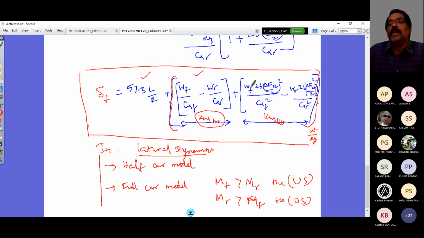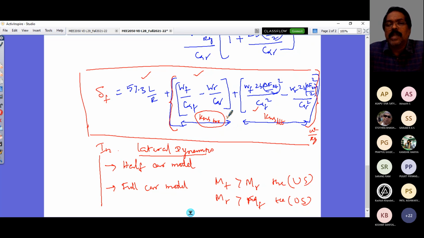All these parameters, W_F, C_alpha F, and the values of delta F_zF, are positive, b is positive. So this first term is always going to give an understeer effect in your vehicle. And the second term refers to the rear axle, and that is going to give an oversteer effect. So the difference is accordingly accounted for.